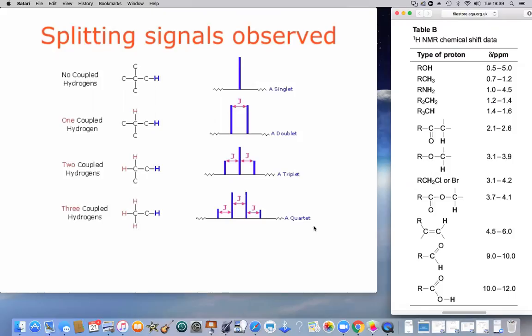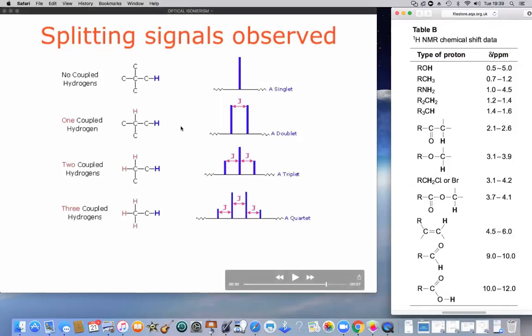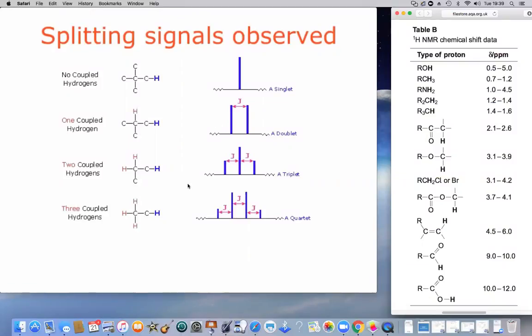I don't want to get too much into it now because it would take a little while to explain, but essentially that's what it is. There are different ways in which these two protons can interact, and then there are different ways in which three can interact. It's essentially related to Pascal's triangle, if I remember correctly, which those of you who do maths will know about.